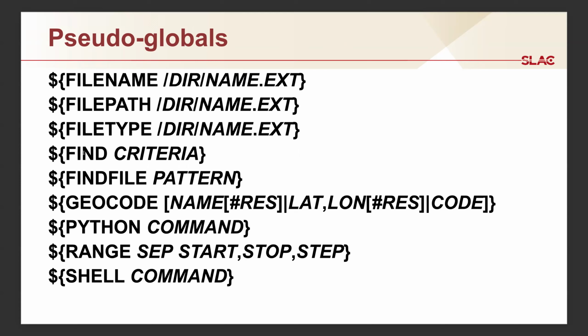The find pseudo global searches the objects in the model and finds all the objects that meet a certain criteria. We talked about the collection search criteria earlier, and that's definitely a case where this is useful.